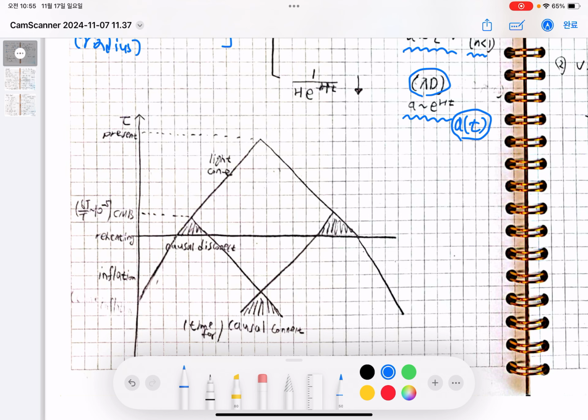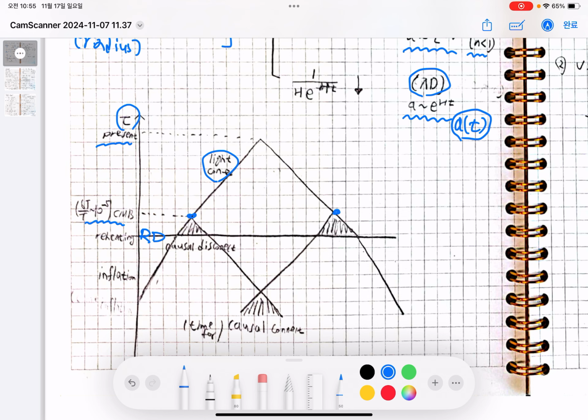This is the space-time diagram with the conformal time on the y-axis, and the light cone has a 45 degree angle in such a conformal diagram, and this is the present time. At the CMB the photons should be correlated, but if we consider radiation dominance, then the light cone at this point and at this point is causally disconnected.